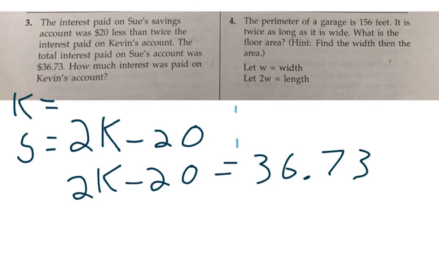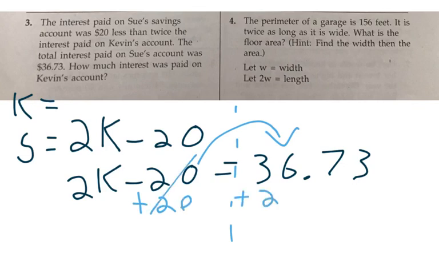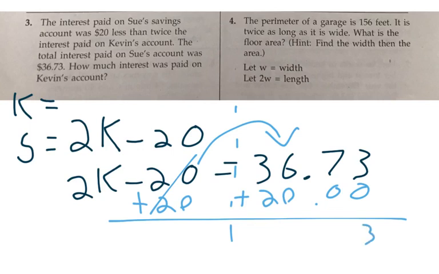So again, I'm going to draw my line down my equals. And I'm subtracting 20. I want to get my 20 over here, so I've got to do the opposite. What's the opposite of subtracting 20? Adding 20. Make sure that you line it up because it is dollars. And I get 56.73. Then I'm going to bring my 2K down. Now, I want K to be by itself.